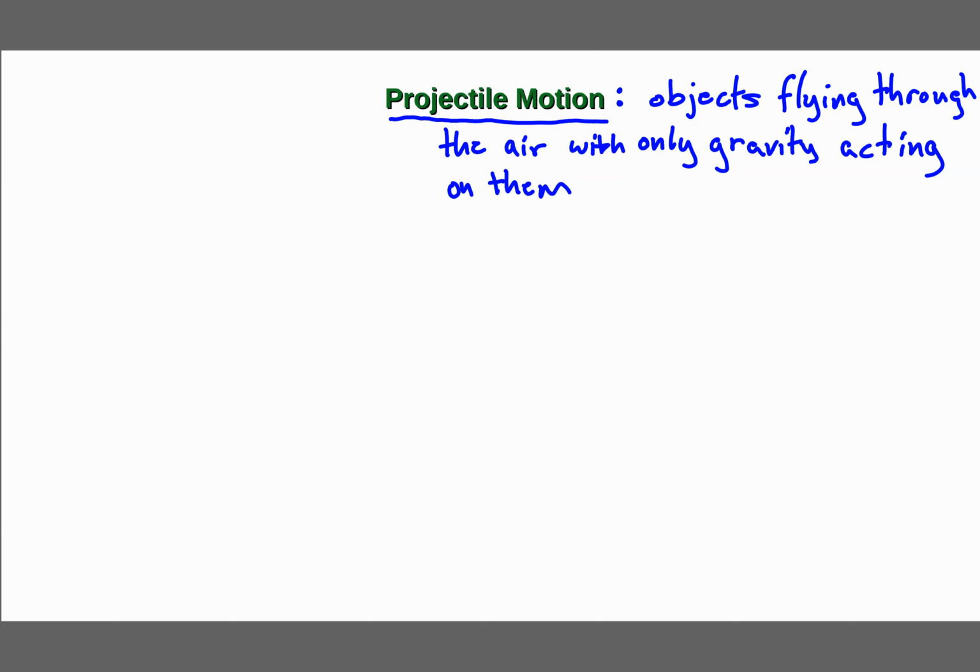Okay? So what we mean is that first, air drag is going to be negligible. So it either doesn't exist if they're in a vacuum, or the effect is small enough that when we ignore air drag, we only make our calculation off by a little bit.